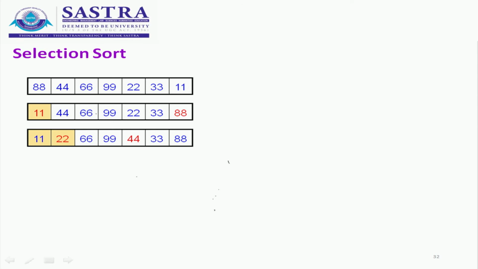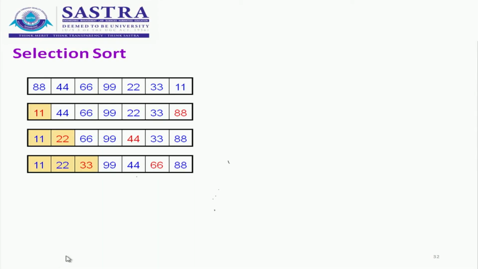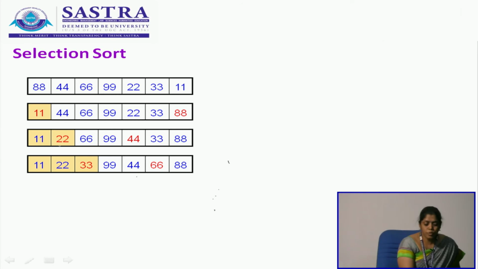So we have to traverse the array and find whichever is smaller. 22 is smaller. Now 22 has to be replaced in the place of 44, so it is exchanged. Then we have frozen two elements.